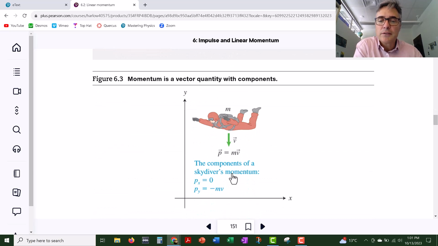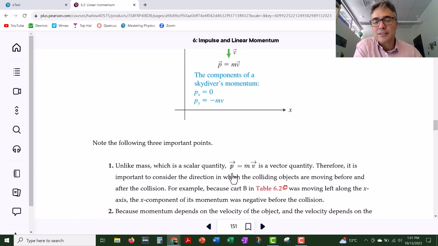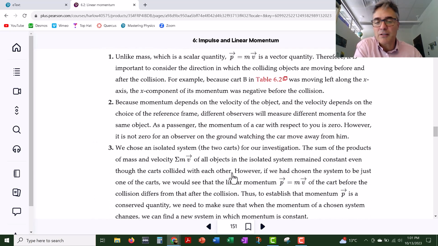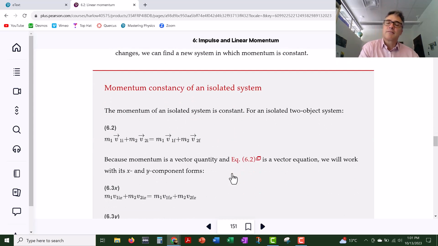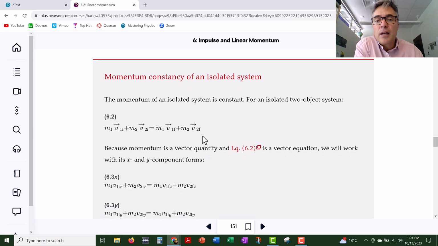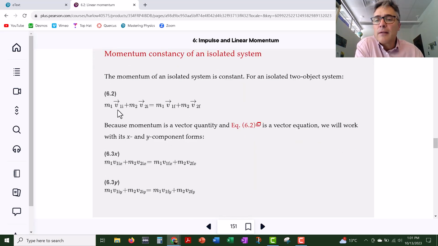Since it's a vector, you have to have its x and y components. And there is this conservation of momentum, meaning that if you have a totally isolated system and there are no net external forces on the system, then the momentum before, which might have different parts to the system, equals the momentum final.